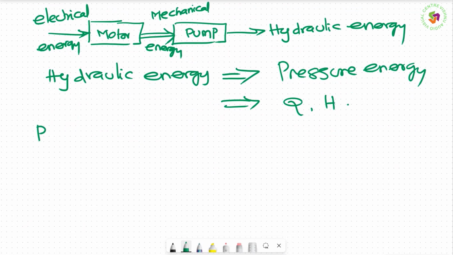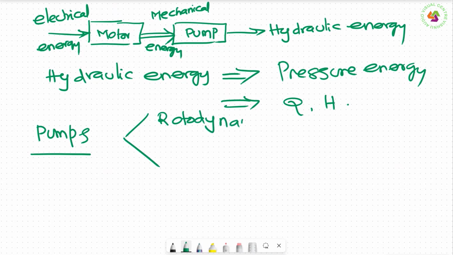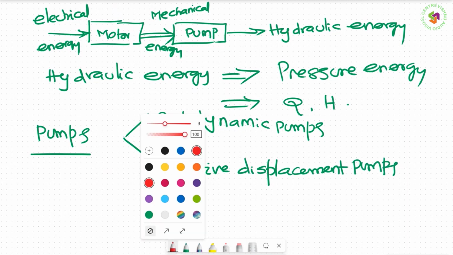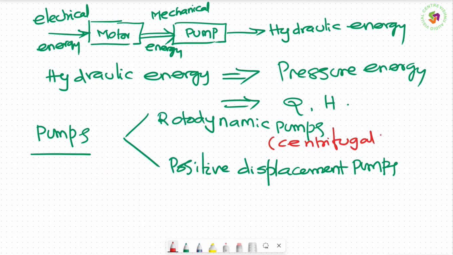The pumps are of two types. One is rotodynamic pumps and the other one is positive displacement pumps. Under rotodynamic pumps, we deal with centrifugal pumps.